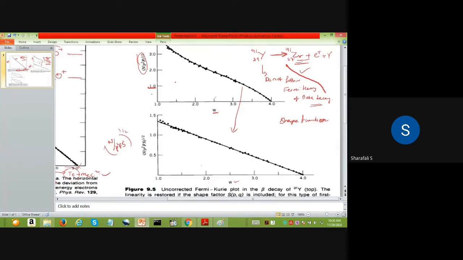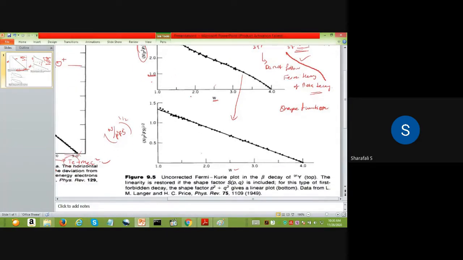So that is what it is about this shape function of a particular beta decay, which is dependent on your P and Q values, that is the momentum of the electron and also the neutrino.